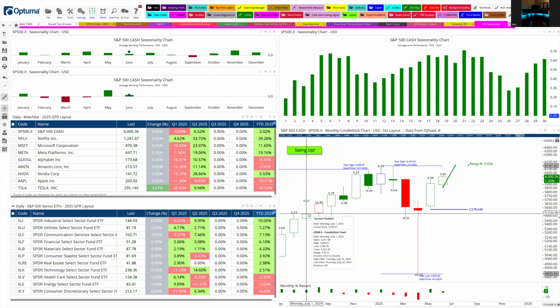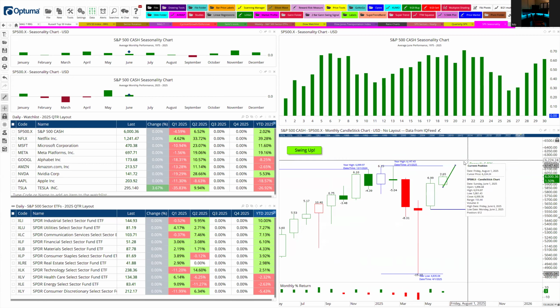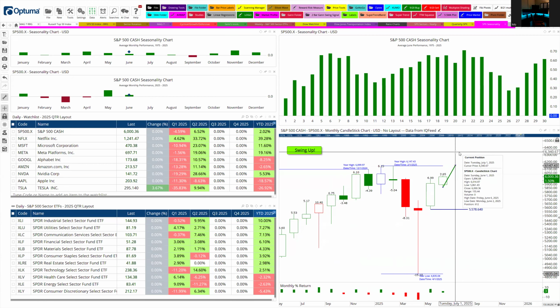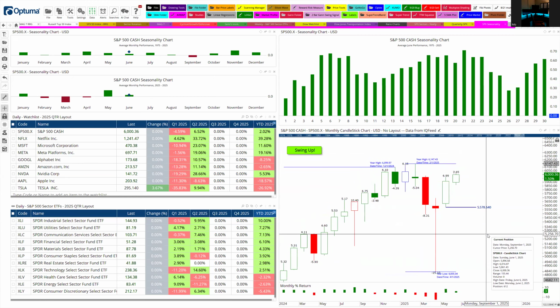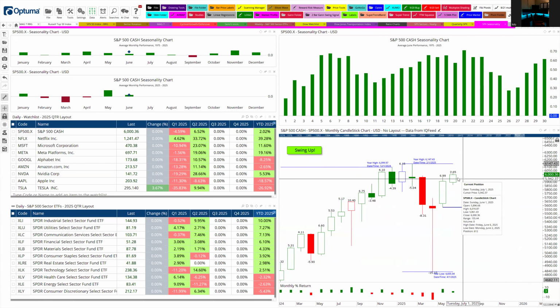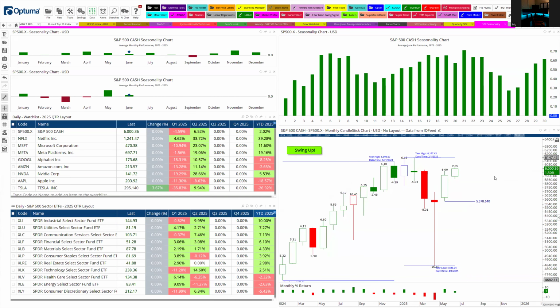You take that higher bar compared to the other ones, and it gives you an idea: if we do manage to hit a 5% move like the previous times we had so many times, that will be the expected upside I can look for. And then we have our fibs. We can always look for those, but this just gives you a pretty good idea of the upside case that you can make.